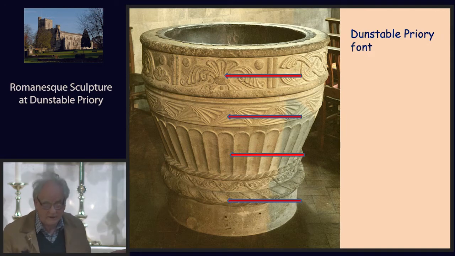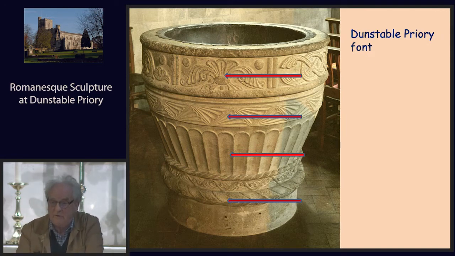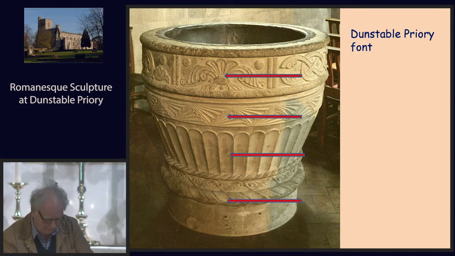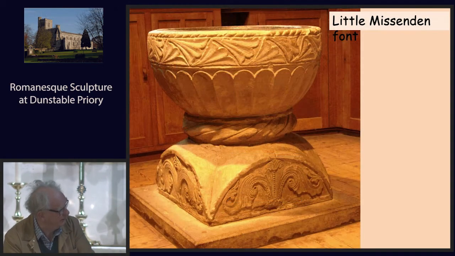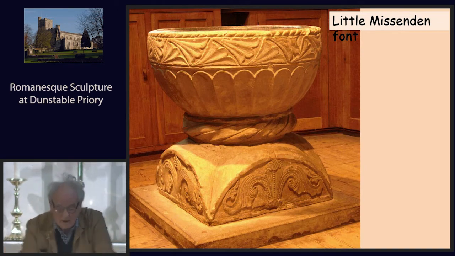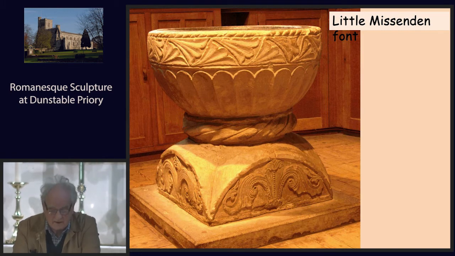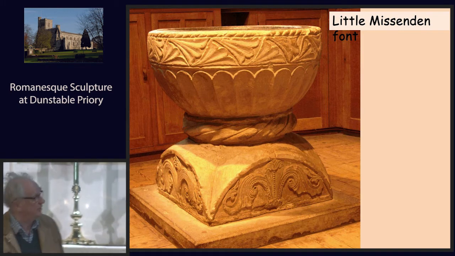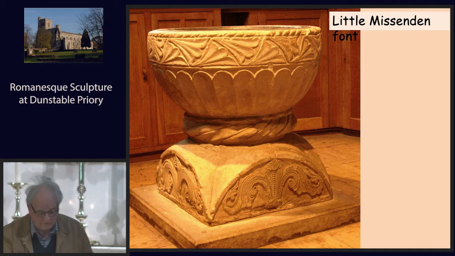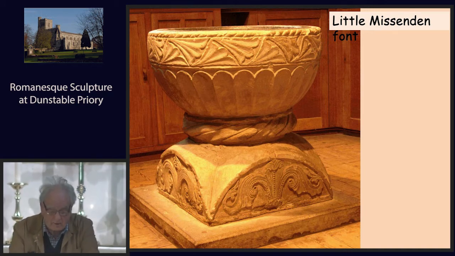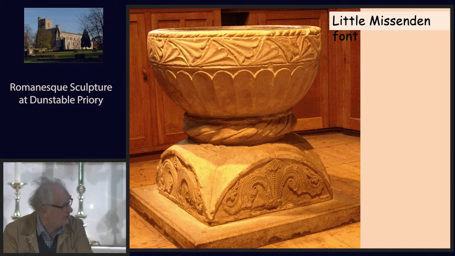Now, these features are typical of a group of Tottenham fonts dating to around 1180 called the Aylesbury group. Sorry, I pressed the wrong button. This is Little Missenden in Buckinghamshire, and you can see the dart ornament round the top, the fluting, and the palmettes on the base, and a very heavy cable roll.